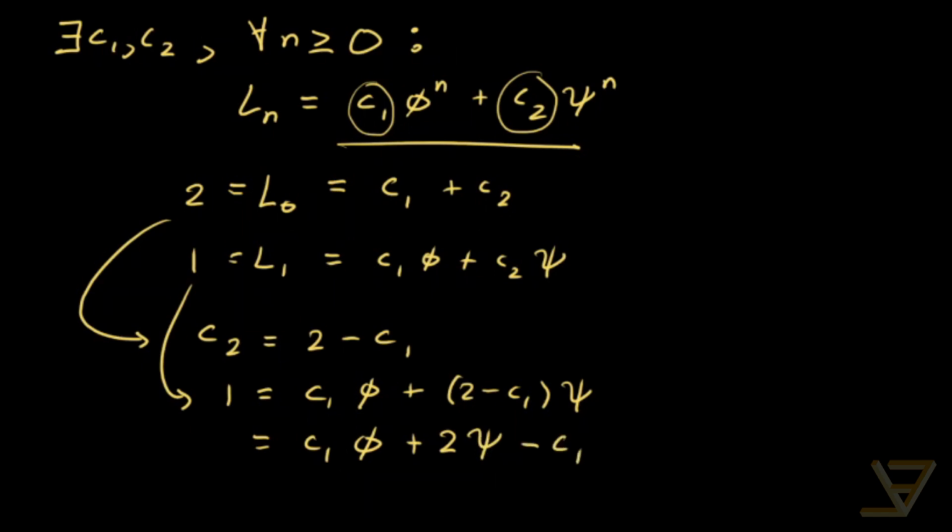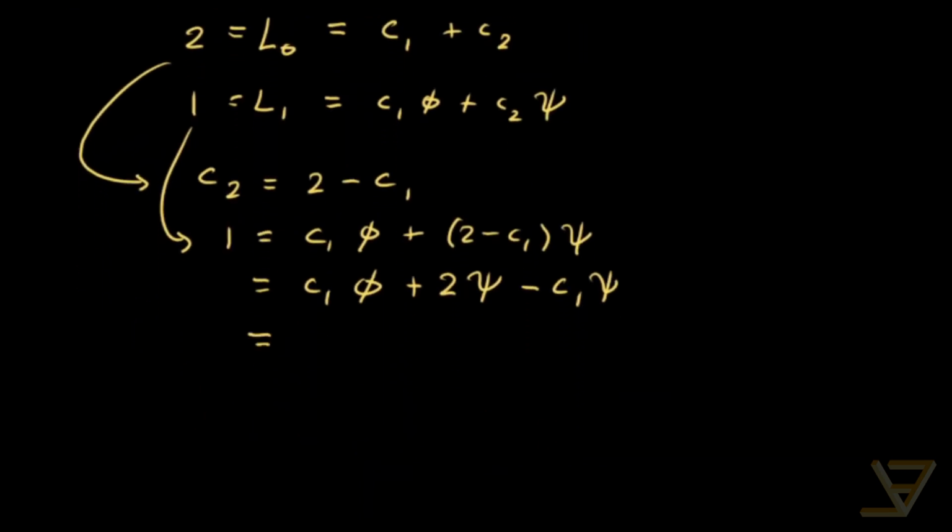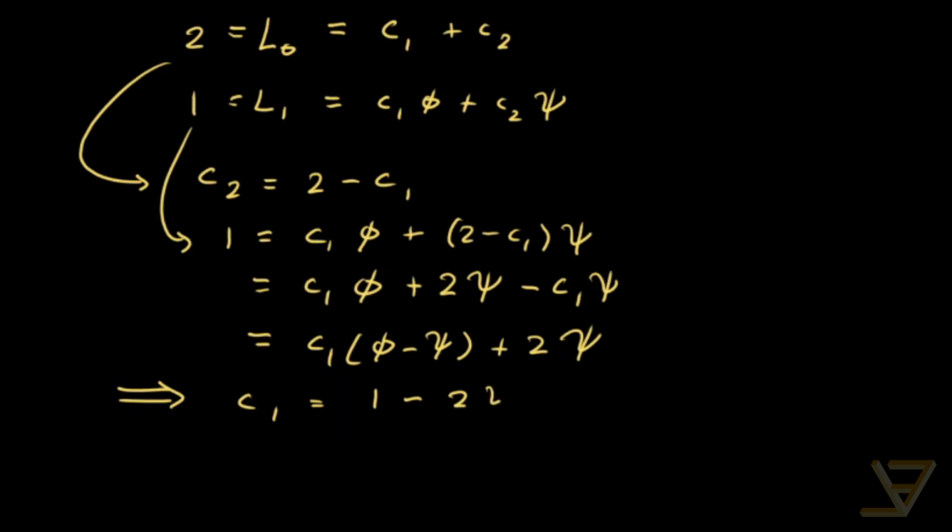That's equal to c1 (phi minus c) plus 2c. And that allows us to isolate c1 as (1 minus 2c) divided by (phi minus c). So we just have to compute that out now.